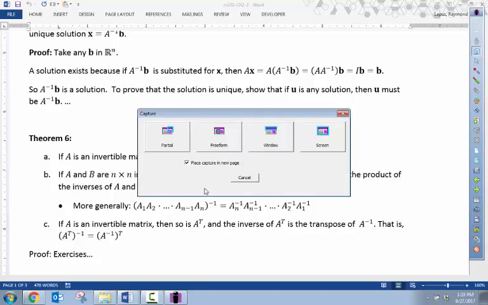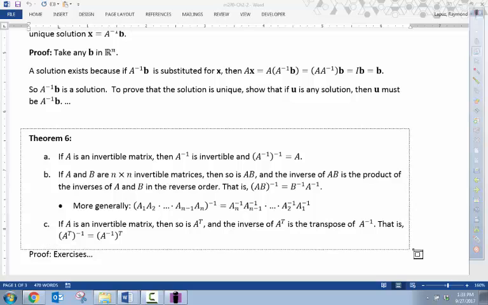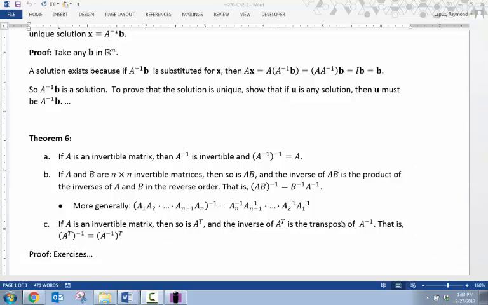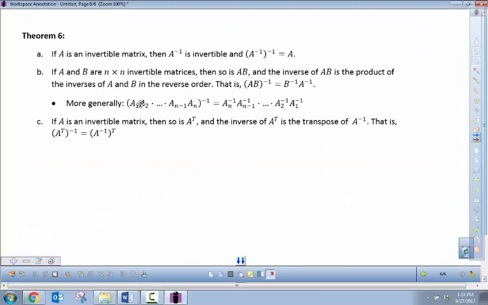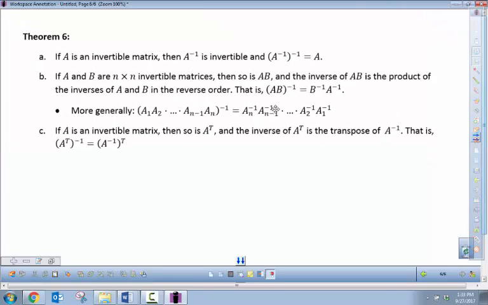We got some interesting theorems or properties that we get from invertible matrices. I've alluded to the second property as something that matches the transpose property, and even the last one is a combination of transposes. So let's take a look.